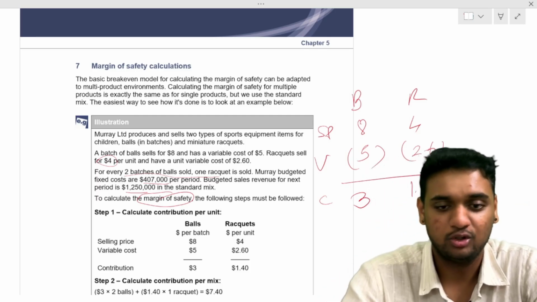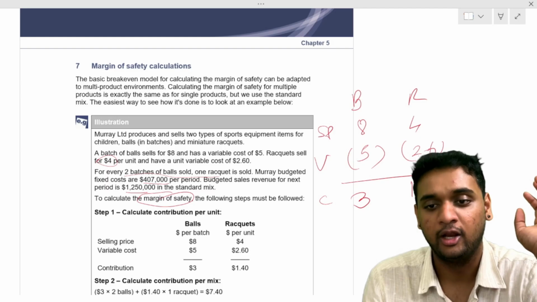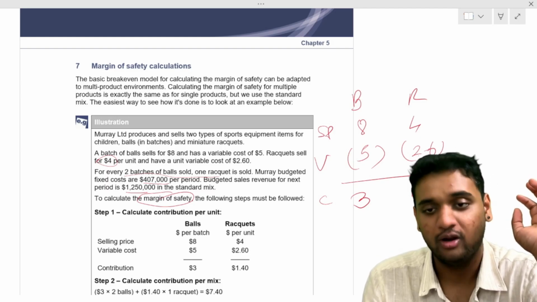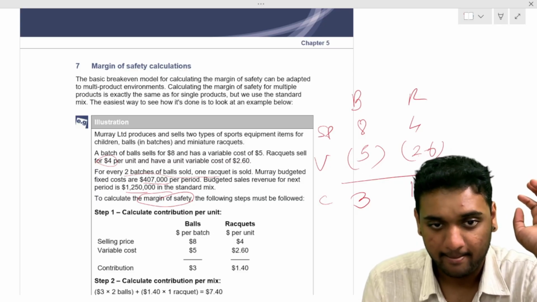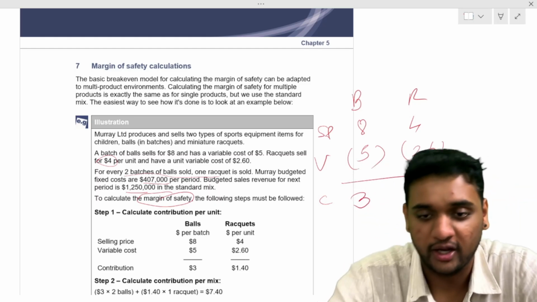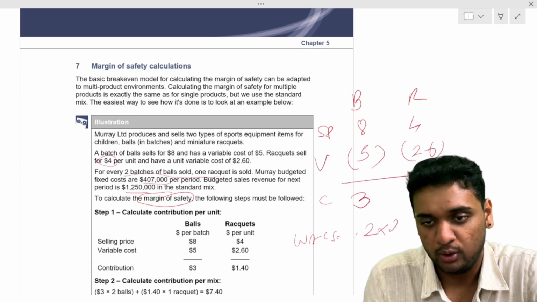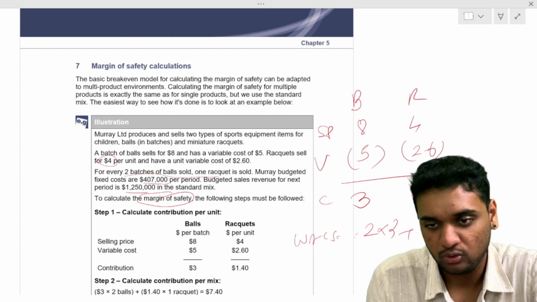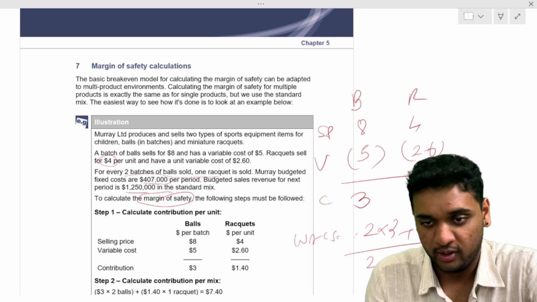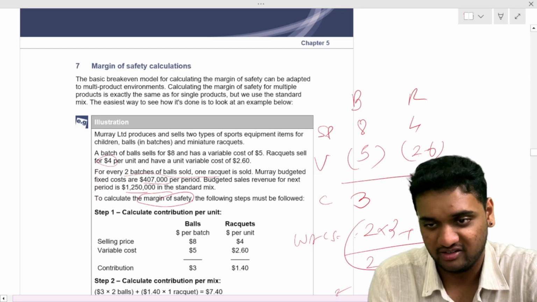Here they have given the ratio 2 and 1. The 2 and 1 we can assume to be the number of units sold. So 2 into contribution of 3 plus 1 into 1.4, divided by 2 into 8 plus 1 into 4. Weighted average CS ratio is equal to 2 into 3 plus 1 into 1.4 divided by 2 into 8 plus 1 into 4, into 100. What is the weighted average CS ratio you are getting?